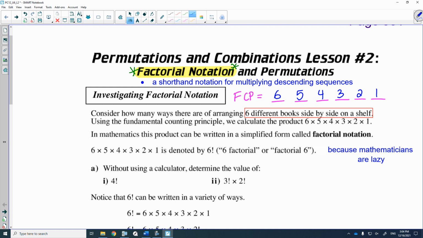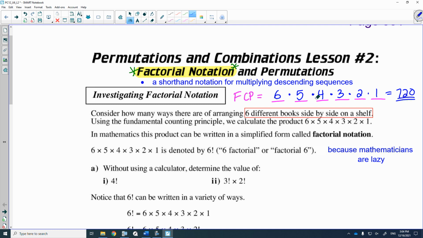And the fundamental counting principle said that the number of ways to complete the task is by multiplying the number of choices in each stage. So when we multiplied these numbers together, we got 720 different ways of arranging 6 different books side by side on a shelf. Now, this is called a descending sequence, right?